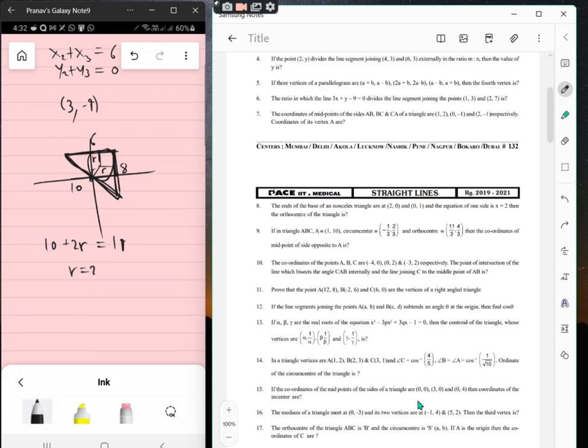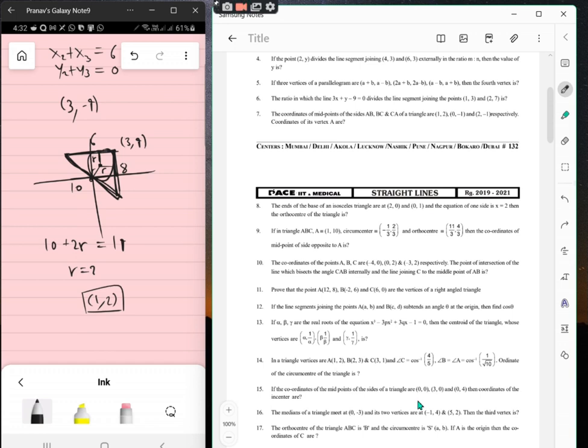Cool. Once you got that, you know what this point is going to be. This was 3 comma 4, I think, and this is 2 comma 2. So minus 2, add to that. It is 1 comma 2. We got it.